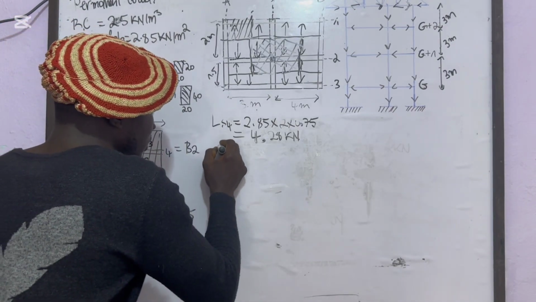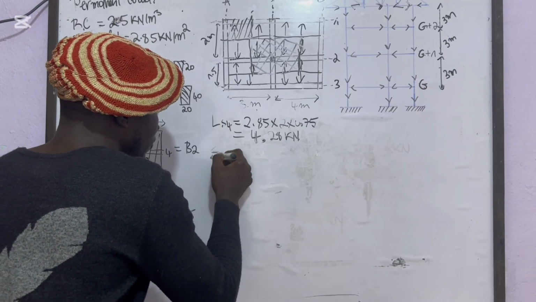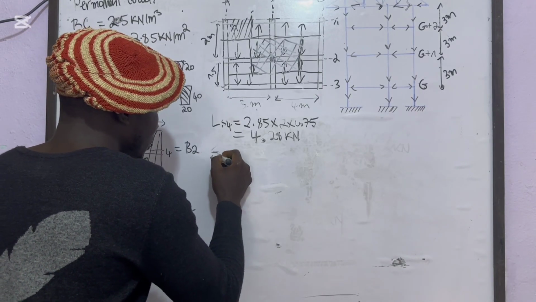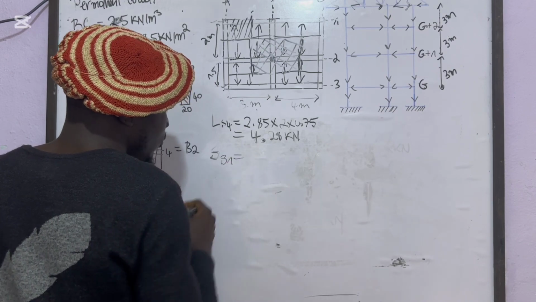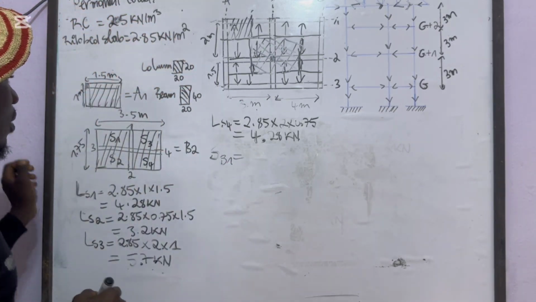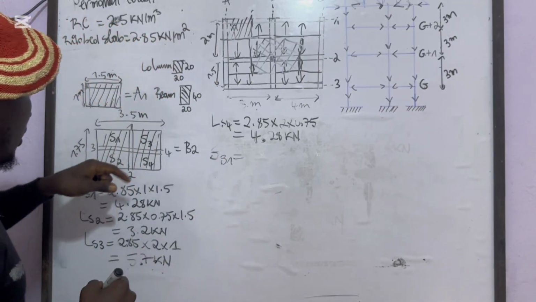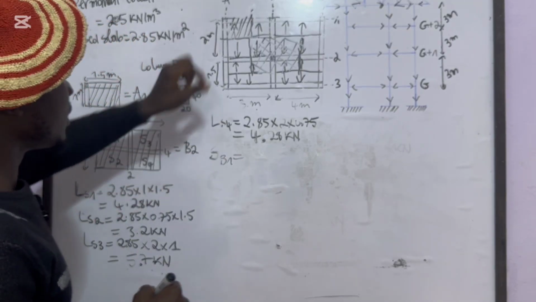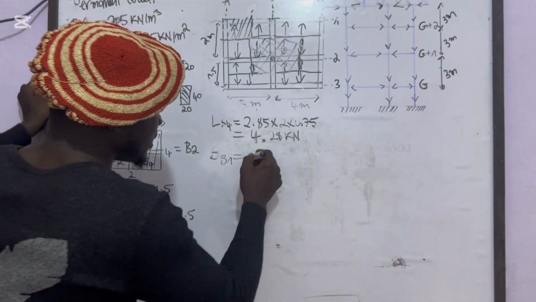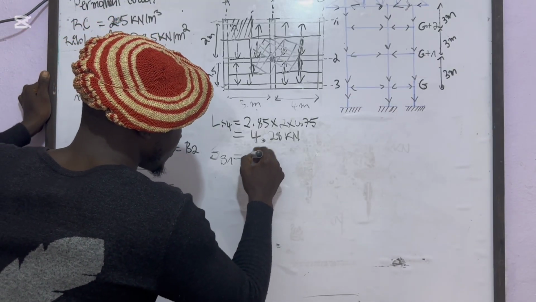The self-weight of beam 1 will be equal to what? Beam 1, we already know the cross section is 20 by 40. The length of beam 1 is up here, so the length is 1 meter.